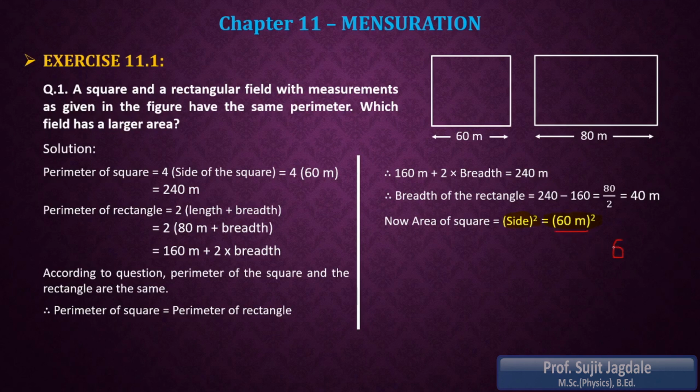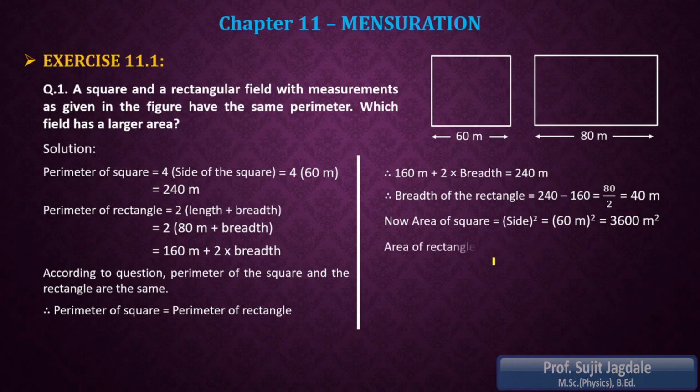Instead of 60, just take 6. 6 into 6 is 36, and now add those zeros. How many zeros are there? 1, 2. So in the final answer add 2 zeros. Therefore the square of 60 is 3600 meter square, which is the area of the square field.